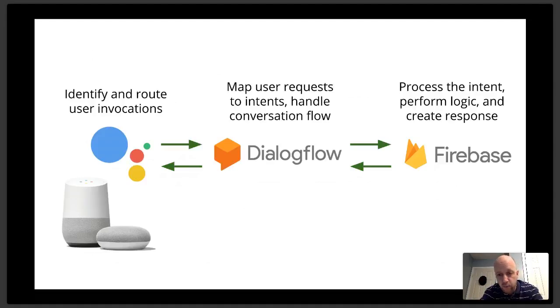But you can see, again, to break down how these things relate to each other, Google Assistant calls the actions on Google based on what you invoke, based on the app name that it recognized. It's going to call Dialogflow and pass that information to it, which is going to take that, identify which intent you've triggered, map those requests to its intent, and parse out the information and handle this conversation flow back and forth.